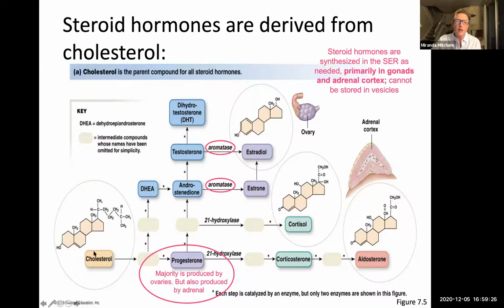So we begin with cholesterol. We've got an intermediate that then is converted to a hormone called progesterone. And this is produced mostly by the ovaries, but some of it's produced by the adrenal glands too. Progesterone can act through the action of an enzyme to be converted into corticosteroid, which then is converted through another enzyme into aldosterone.